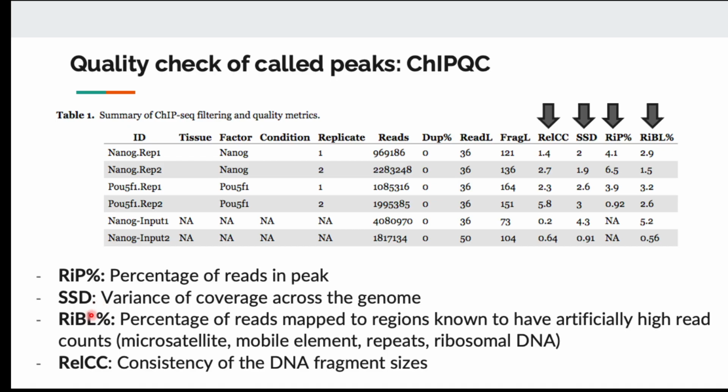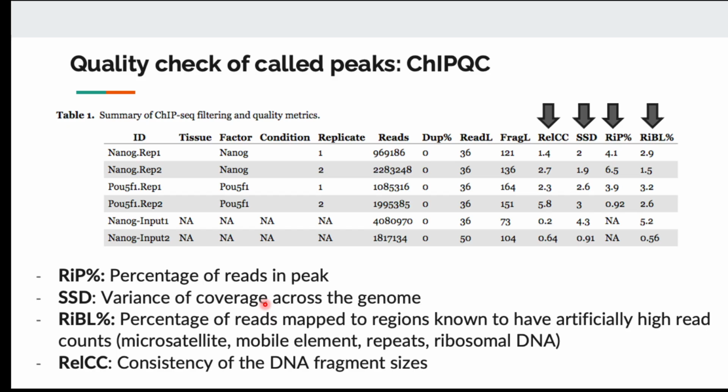The second and third metrics here are SSD and RIBL. For SSD, I forgot what it stands for, but the idea is, similar to before, that in a perfect ChIP-seq experiment all the reads should be in the peak area because we don't sequence DNA from other regions. So if we expect our reads to be concentrated in the peak area, and we calculate the coverage of the genome, it should be uneven.